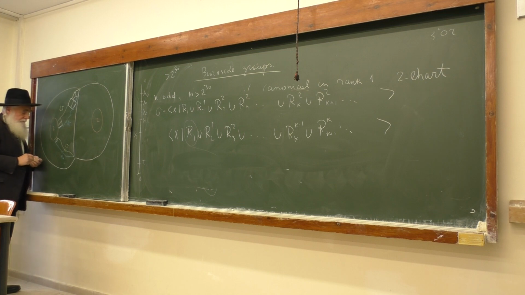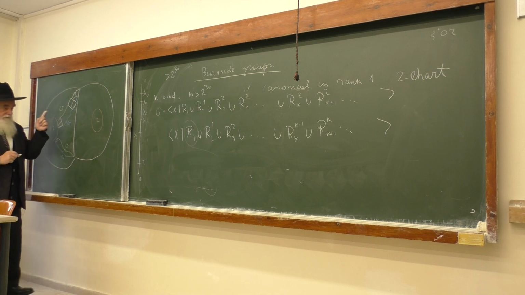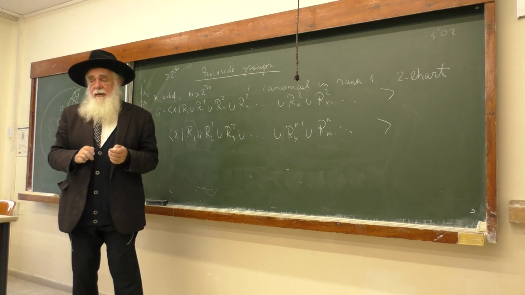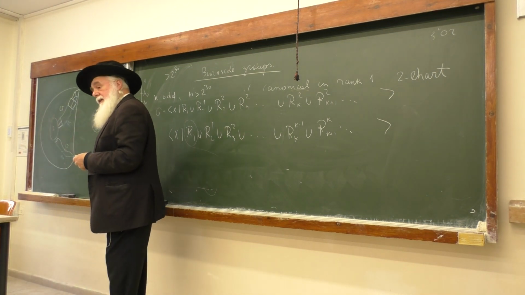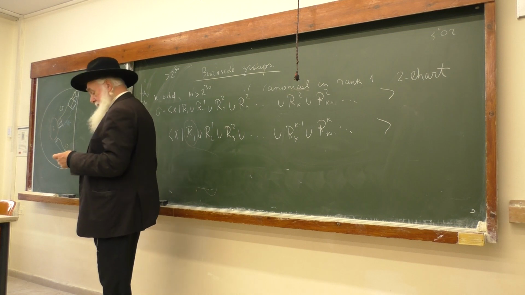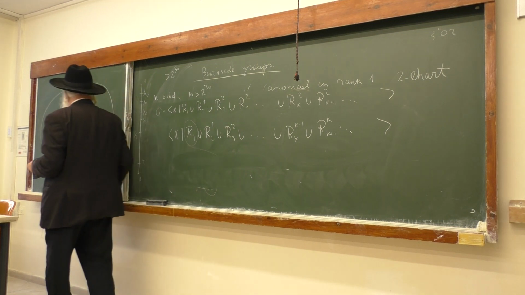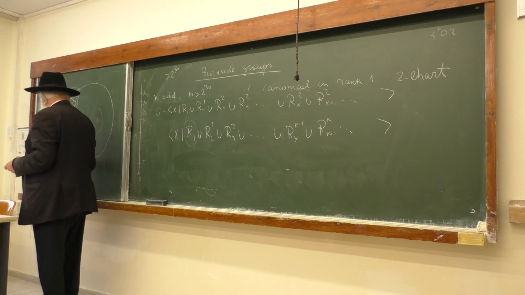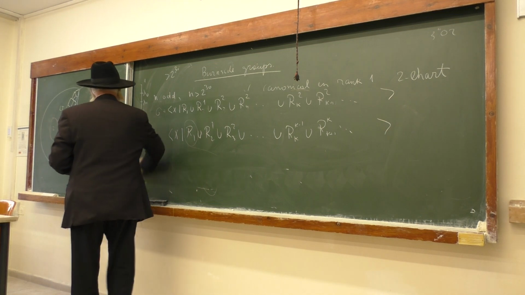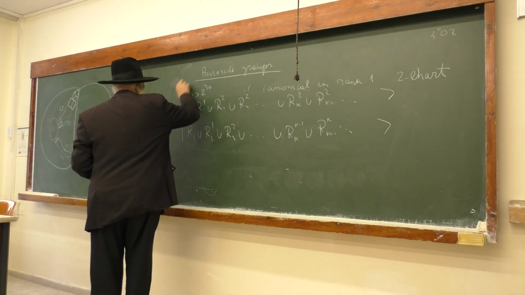Now, when we look at it closer, then we have the following thing. Actually, here the right transversal is not in the way as the picture shows, but it must go this way.